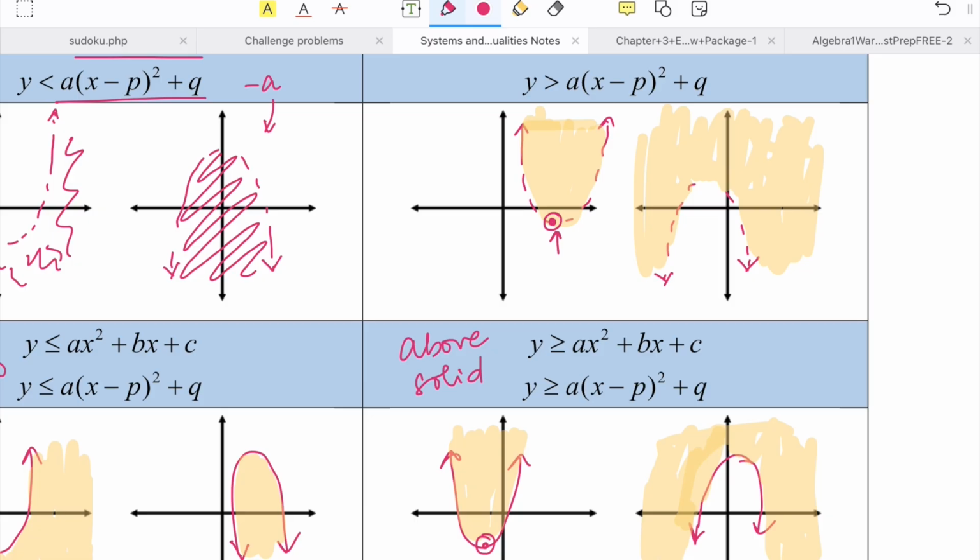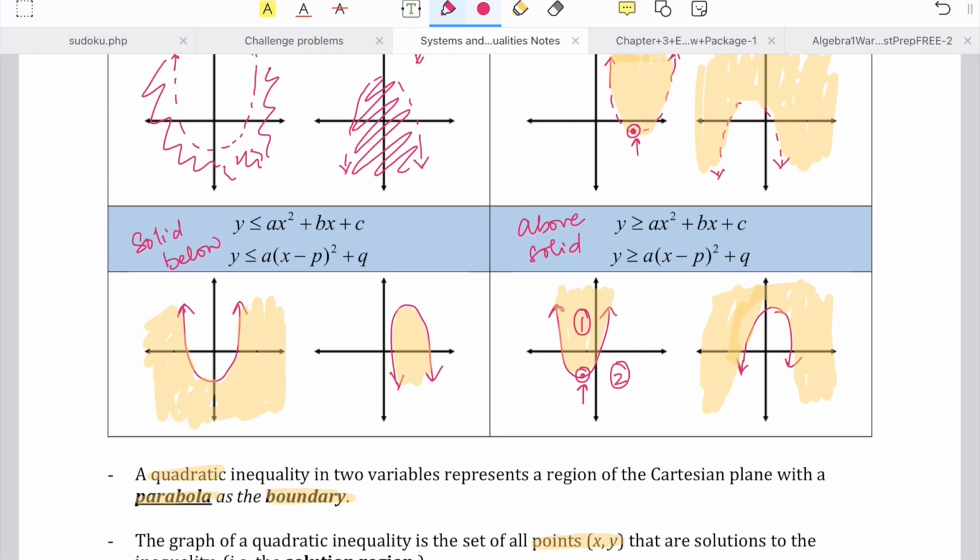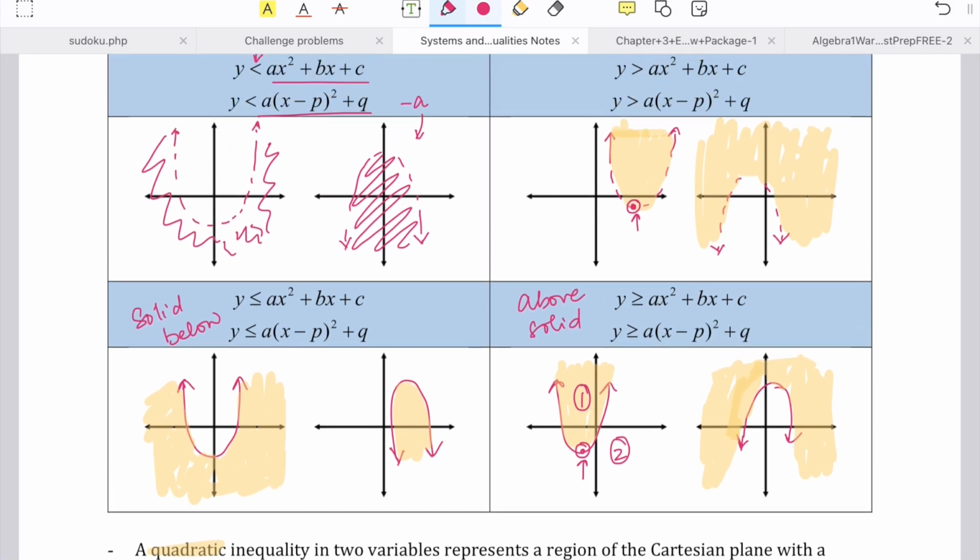No, because it's not an equal to, right? This will be part of the solution because we have a solid line. Everything on that line is part of the solution. We don't take it as a test point because we need to figure out if 1 is the shaded region or 2 is the shaded region, okay? Even when we did linear inequalities, this boundary won't be part of the solution. This one will be, okay?